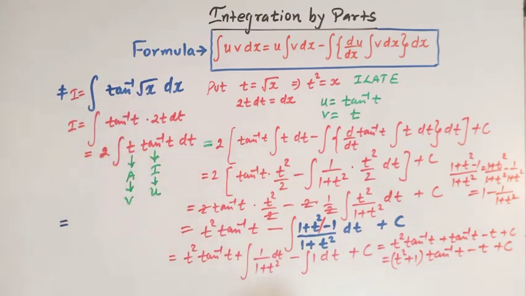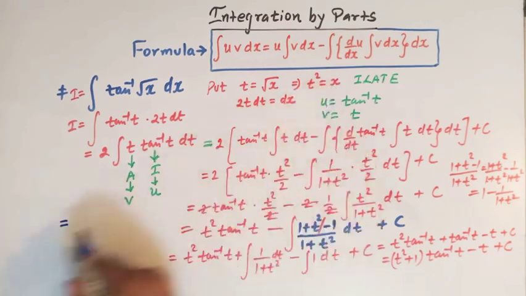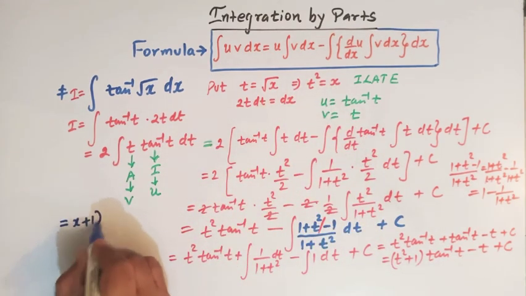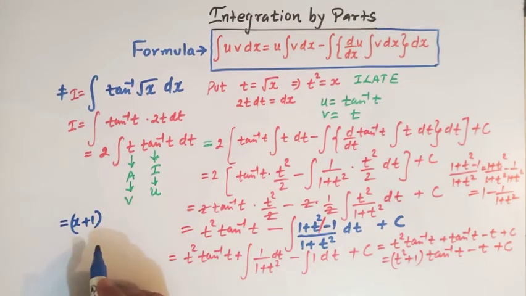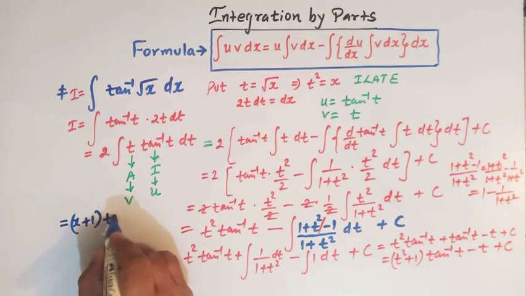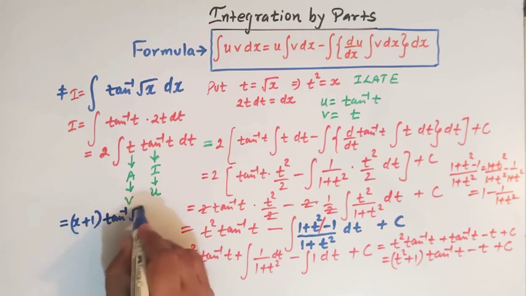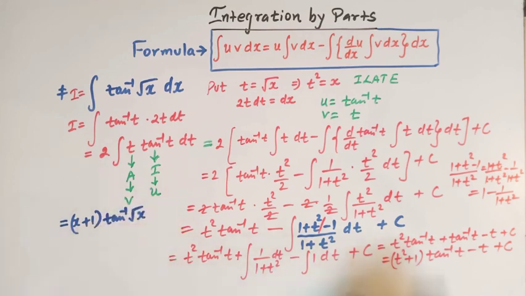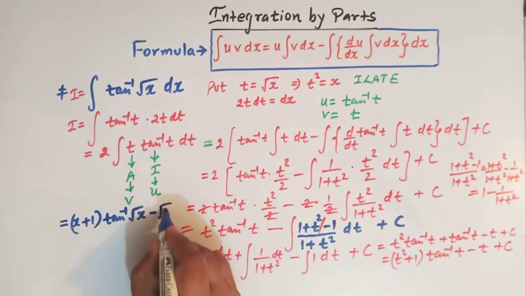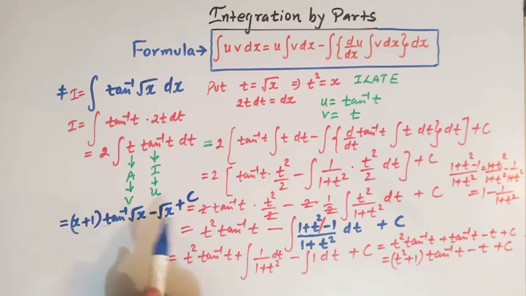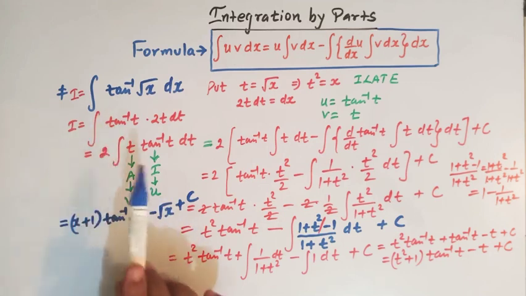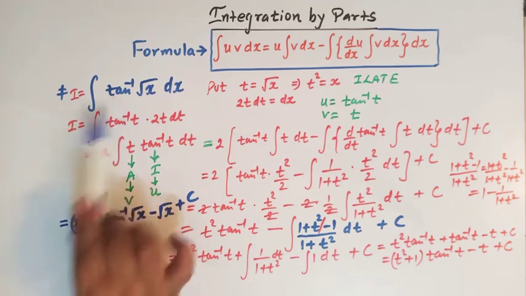For t square we have x, so we have x plus 1, and for tan inverse t we have tan inverse of root x, and then minus t. For t we have square root of x, plus c. So this is the required integral of the given function.